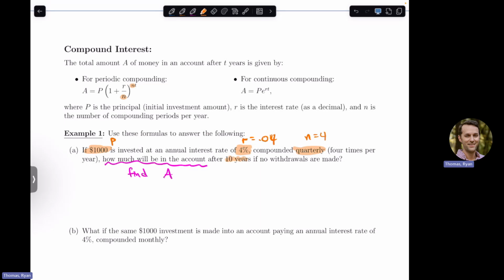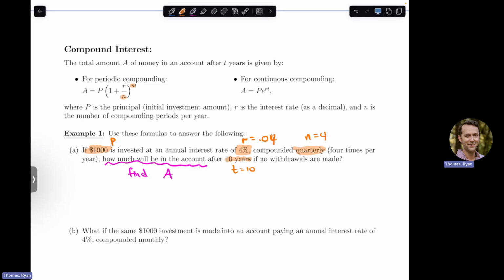After 10 years, which is T. If no withdrawals are made, again, that part just means we put the money there and we forget about it, right? We walk away. Which, again, is the only thing that we're ever going to deal with in here: money goes somewhere and stays put, whether we're borrowing or investing. So P is 1,000, R is 0.04, N is 4, T is 10. We want to find A.